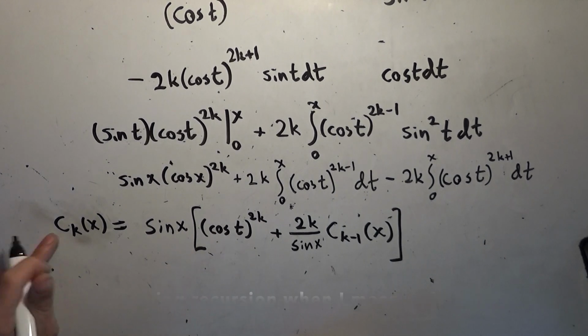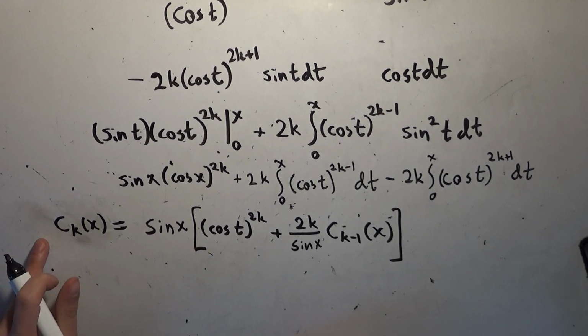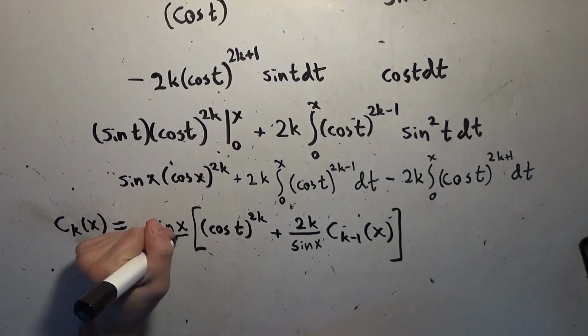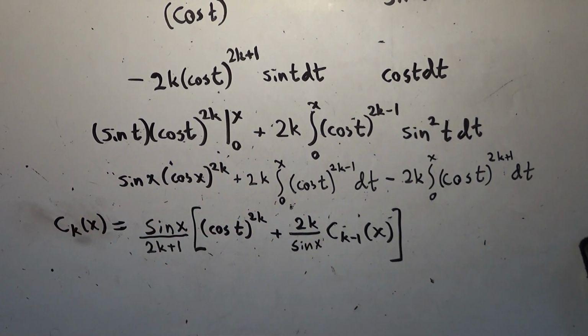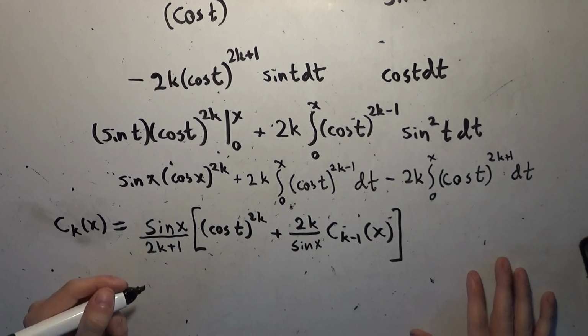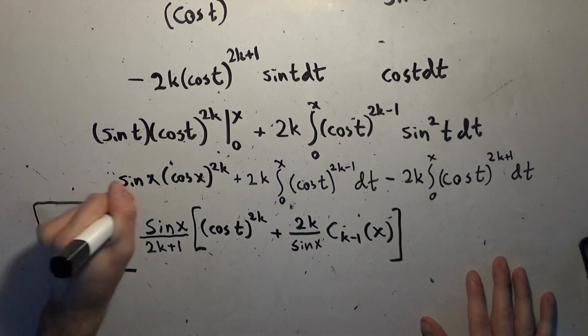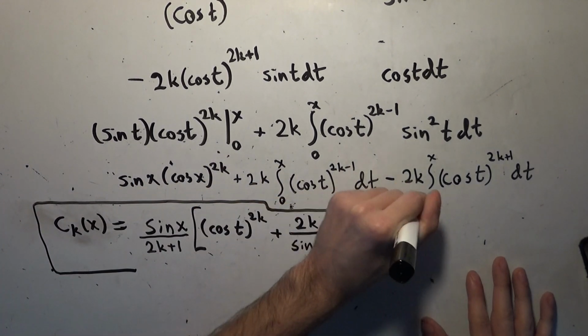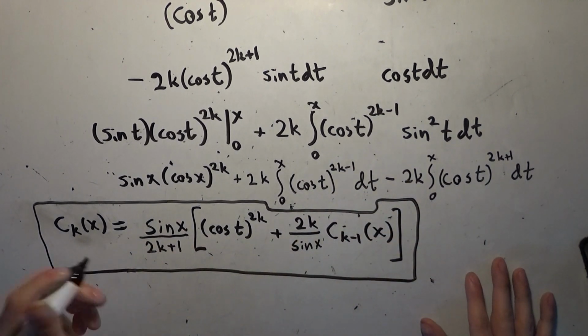And now, remember, we have the product of c sub k and 1 plus 2k on this side, so I'm just going to divide both sides by 2k plus 1. And now that keeps that as a factor on the outside. But now we have a recursion formula, right? It might not be exactly the one that I flashed up on the screen before, but it will be equivalent, right?